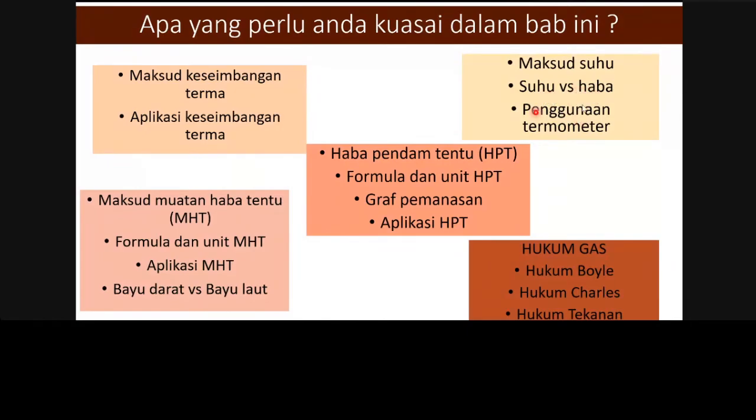Then you need to know about the usage of thermometer, a few types of thermometer that's been used in daily life, in lab. And then we also have keseimbangan terma, which is thermal equilibrium. And also the application of keseimbangan terma. You need to know the meaning and what are the applications related to it.